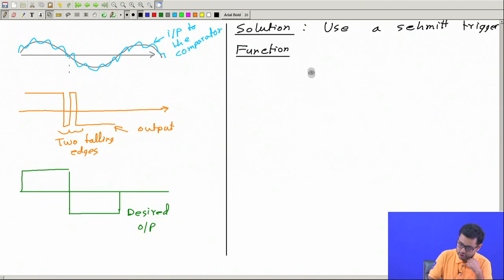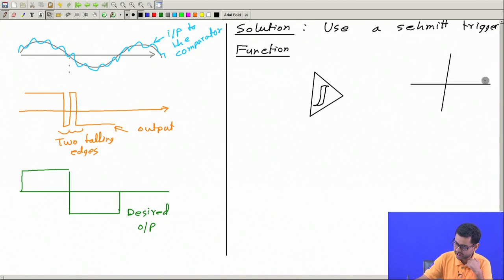So the symbol of a Schmitt trigger is like an op amp, and inside the op amp you draw a hysteresis band or a hysteresis loop like a BH curve. You know a BH curve for an iron or magnetic material looks like this.